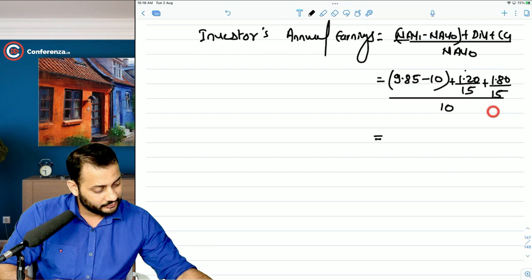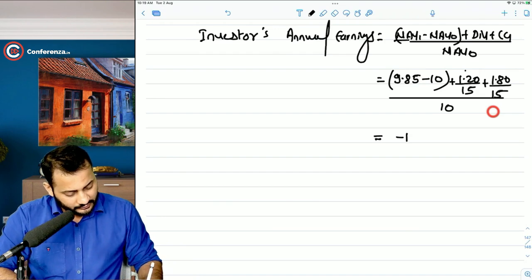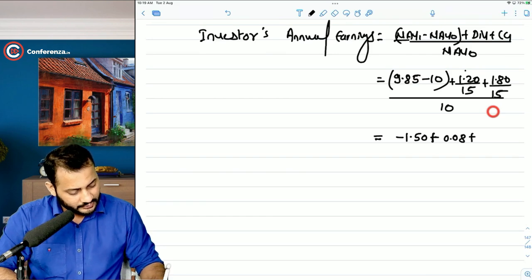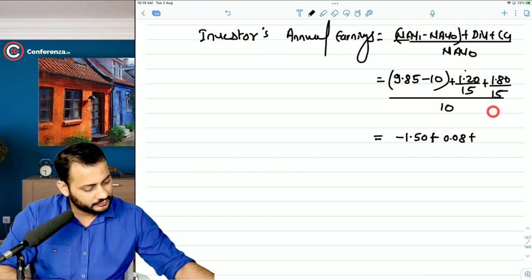Per unit annual earning plus 1.20 divided by 15. So this is 1.5 plus 0.08 plus 0.12, I think.